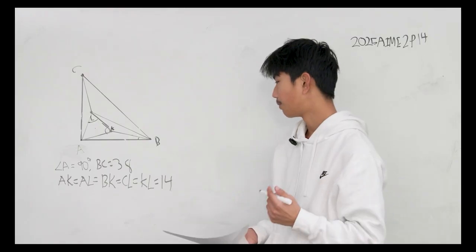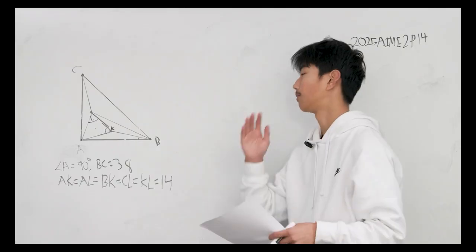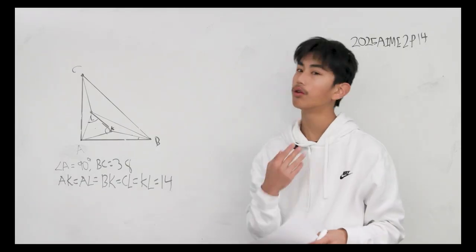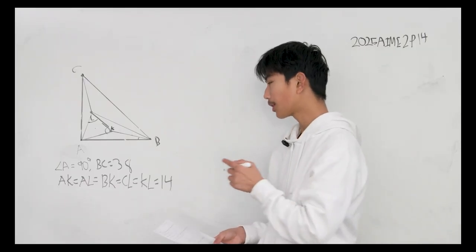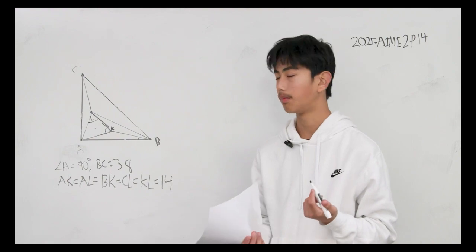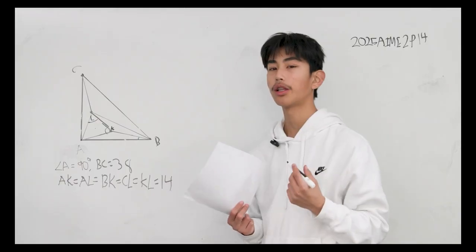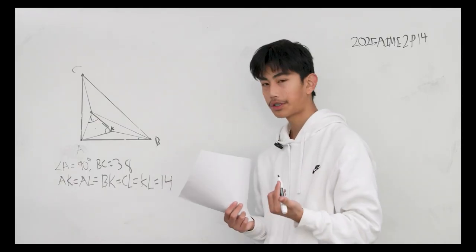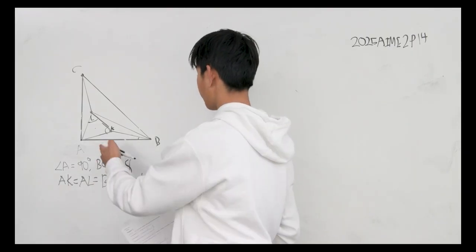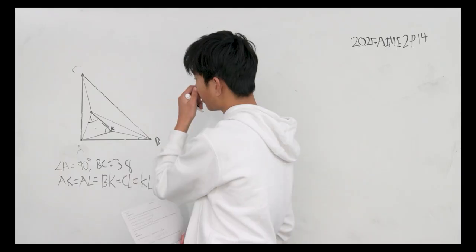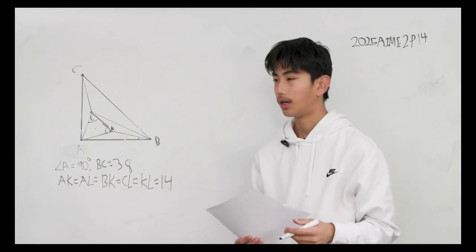Now that we've drawn it out, it might be hard to see, but by using these properties, we can see that triangle KAL is equilateral, meaning each angle is 60 degrees and each side is of equal length, and two of these triangles, AKB and ALC, are isosceles, meaning that these two angles are equal.